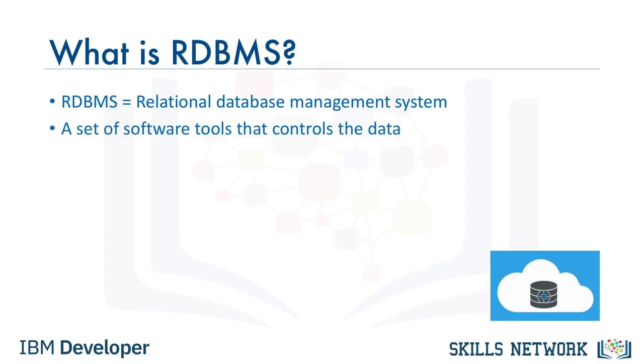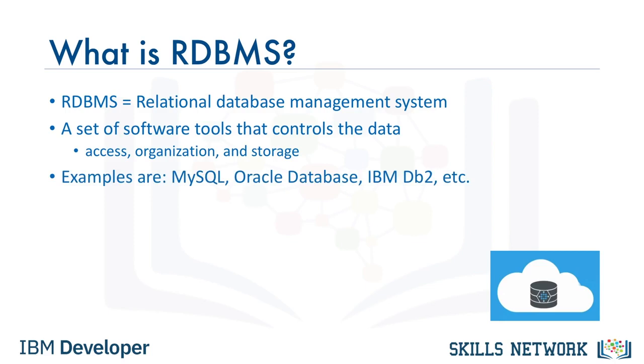RDBMS is a set of software tools that controls the data, such as access, organization, and storage. An RDBMS serves as the backbone of applications in many industries, including banking, transportation, health, and so on. Examples of relational database management systems are MySQL, Oracle Database, DB2 Warehouse, and DB2 on Cloud.